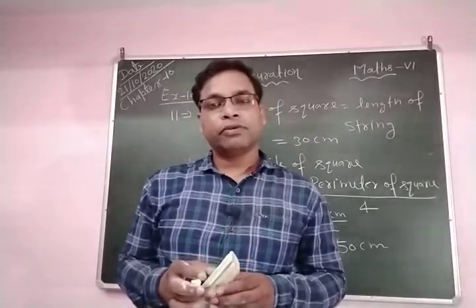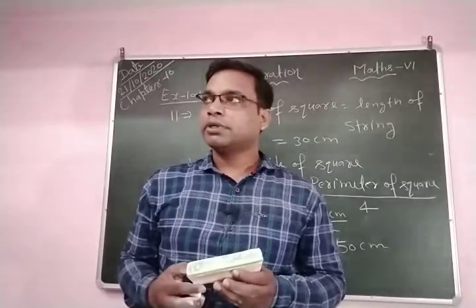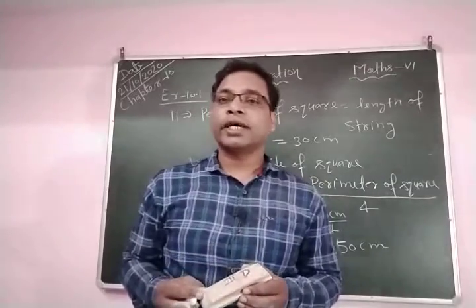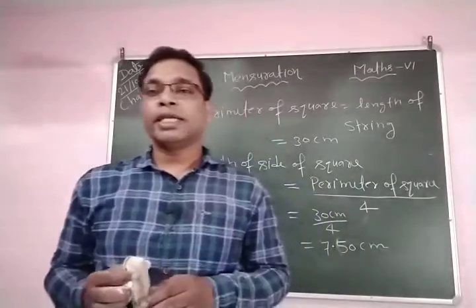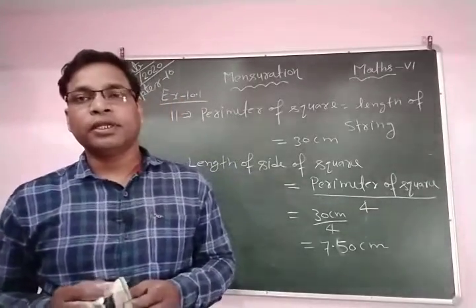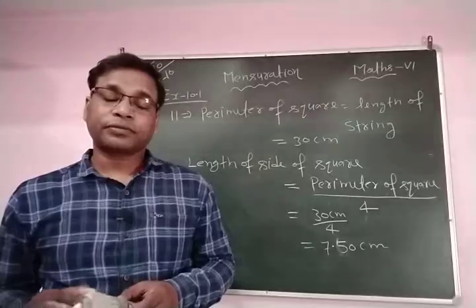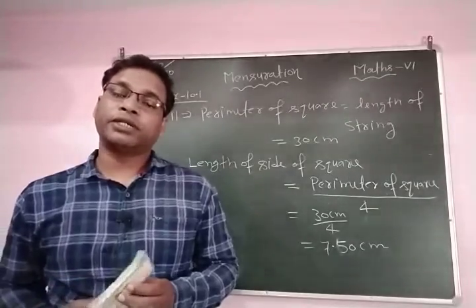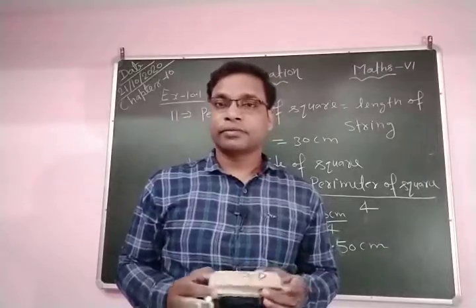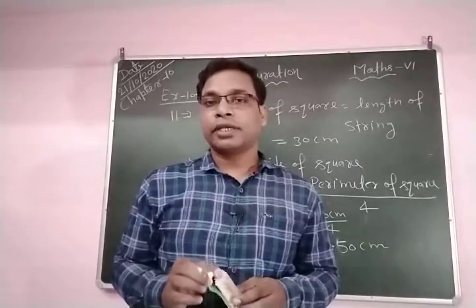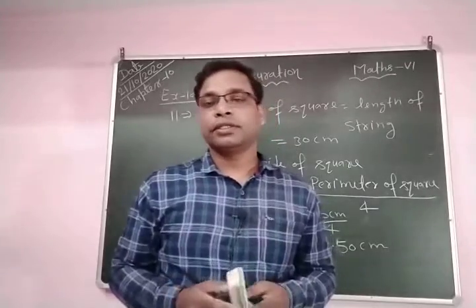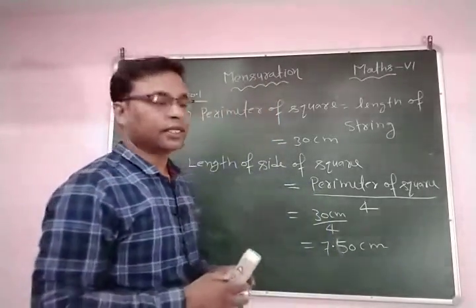The perimeter of the equilateral triangle is equal to length of string, because this triangle is formed by the given string whose length is 30 centimeter. So the perimeter is 30 centimeters, and the length of side of equilateral triangle is equal to perimeter by 3.